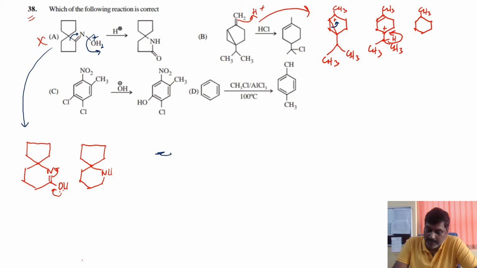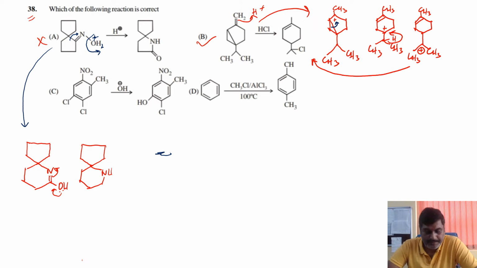CH3, double bond, and here the CH3, and the positive charge is here now. Next step, Cl minus attacks, and so this is the product, correct? So B looks correct.